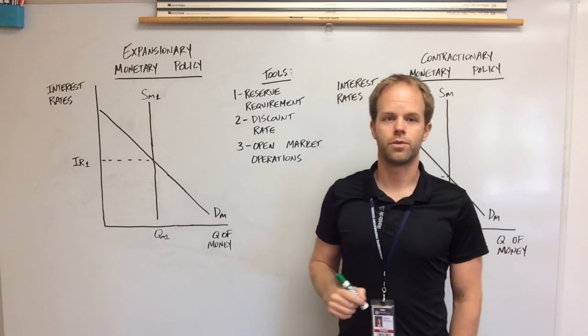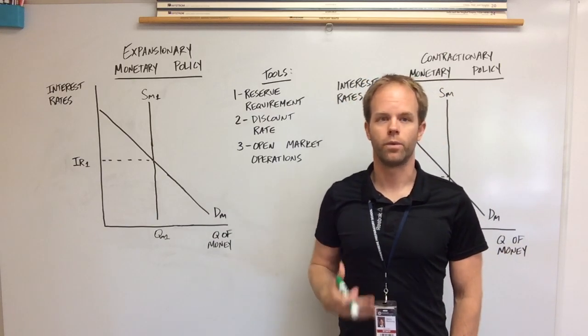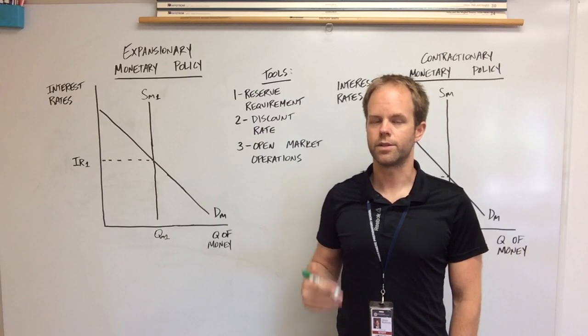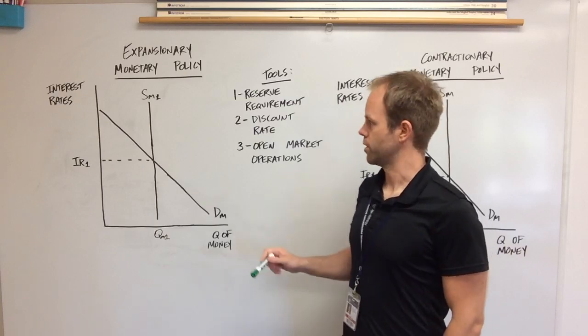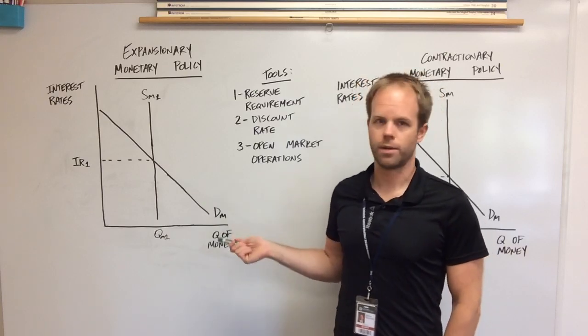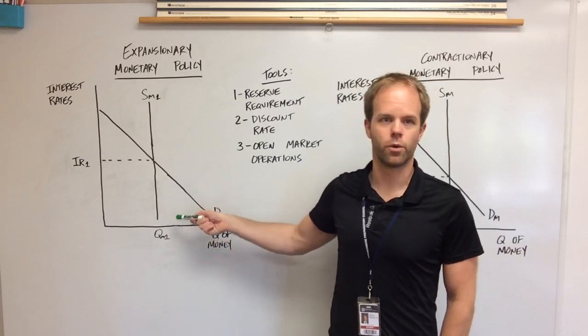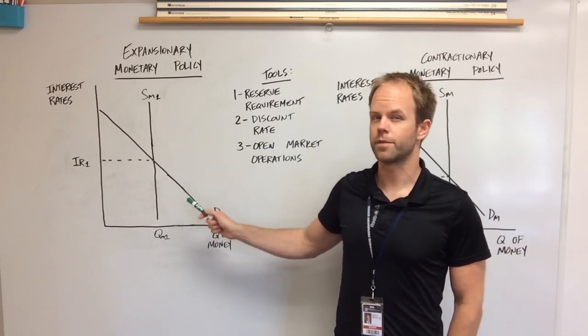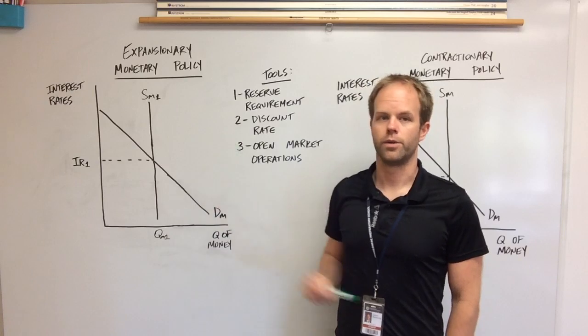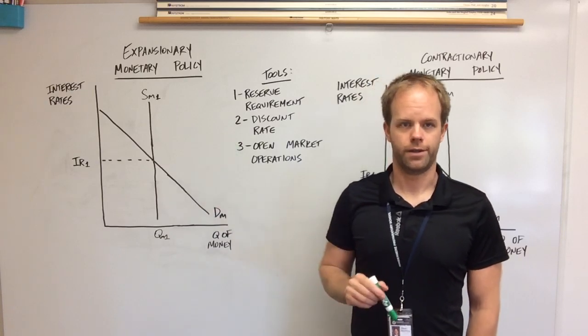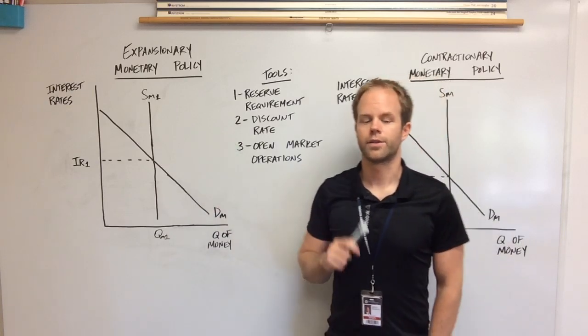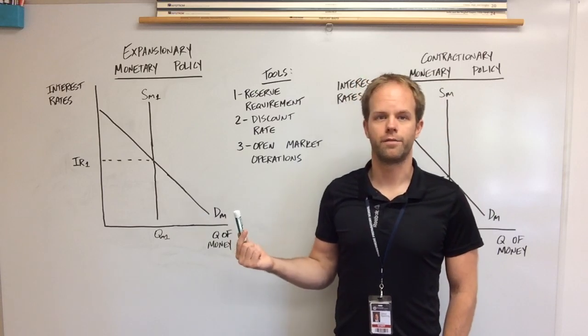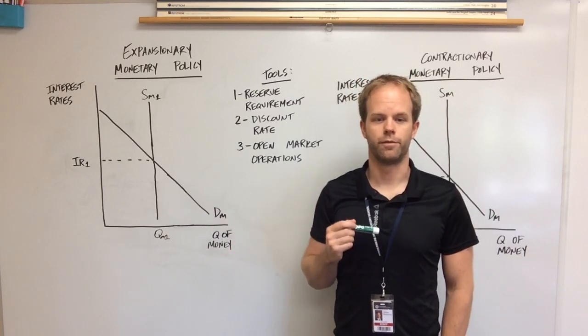Okay, the reason for that is that our money really only comes from one place, and that's the central bank. So since there are no real substitutes for this, there's only one source of this money. It comes from the central bank. That's why we draw our supply curve like that. Okay, so a central bank can either increase the supply of money or they can decrease the supply of money.